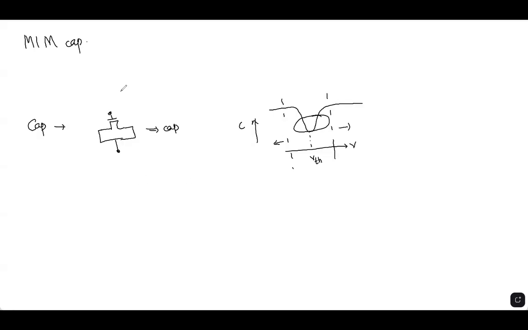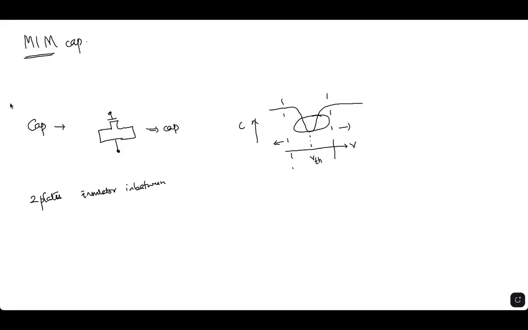Now, there are other ways based on the metals. What is capacitance after all? Anything with two plates, two conductors, with an insulator in between is a capacitance, right?